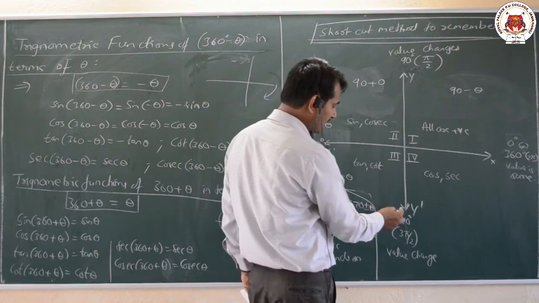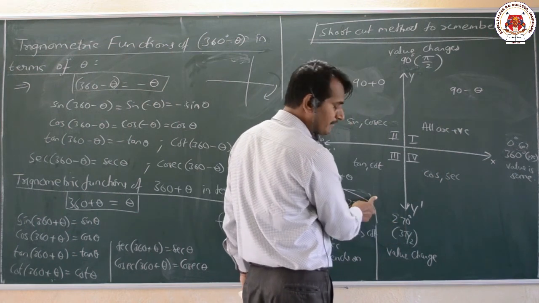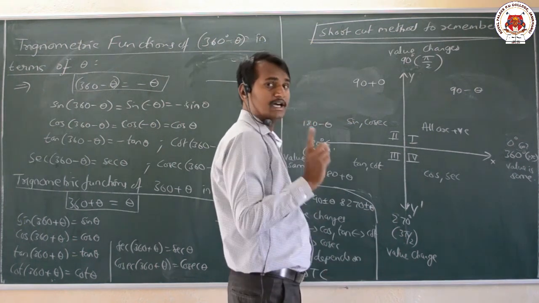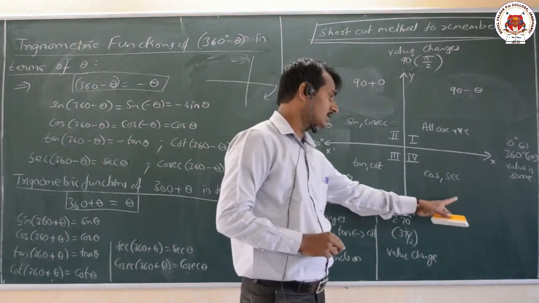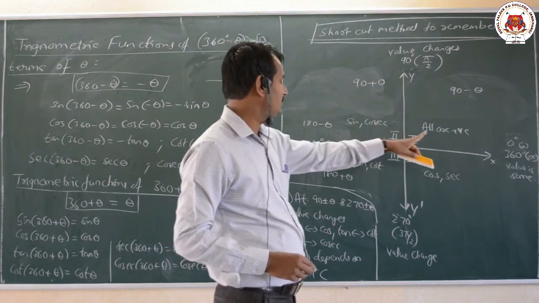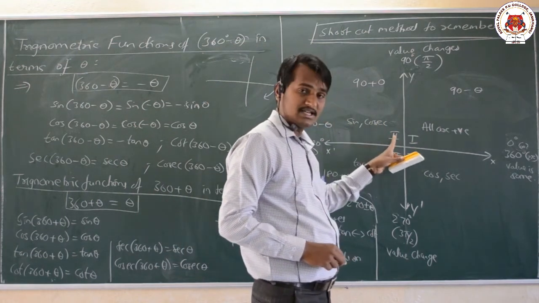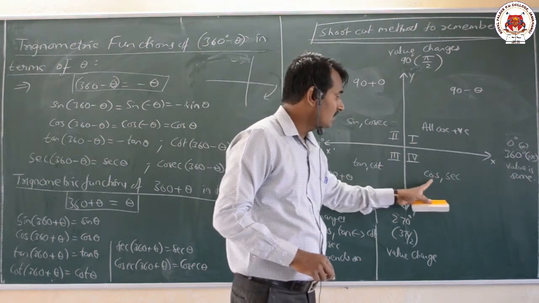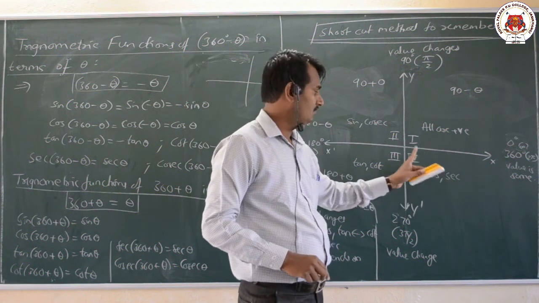And similarly we have 270 minus theta and 270 plus theta. For 270 minus theta the value changes, and for 270 plus theta also the value changes, and the sign depends on the ASTC rule, that is all are positive in the first quadrant, sine and cosecant are positive in the second quadrant, tan and cot are positive in the third quadrant, and cos and secant are positive in the fourth quadrant.